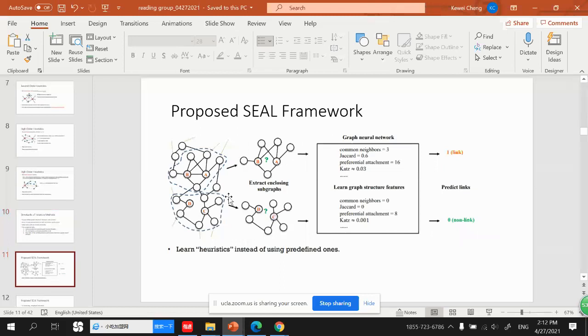So here is the framework of the SEAL method.